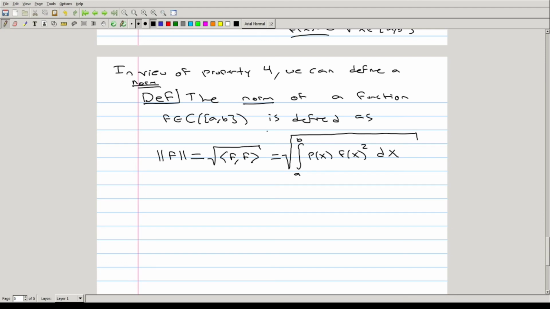And you can think of this as being, in some sense, the size of the function f in this infinite dimensional vector space.